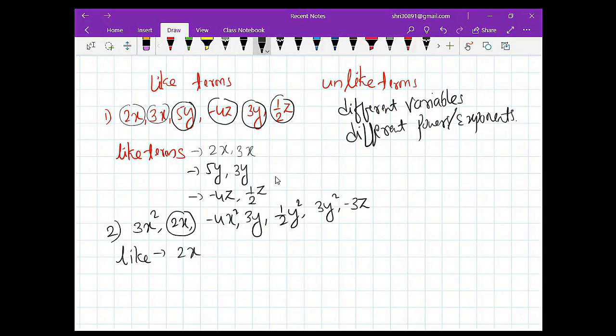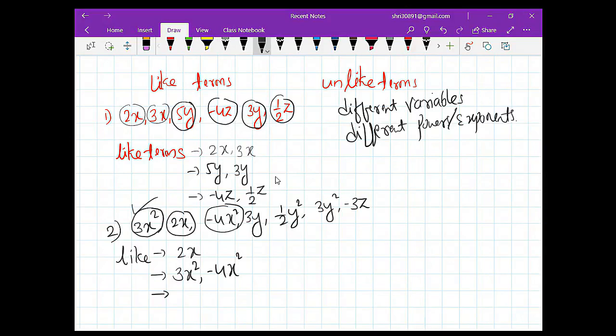There is no other like term. See the other one, the power of x is 2 here: 3x square is there, and there it is minus 4x square. The variable is x and the power is also 2 in both. Only these two terms are like terms, 3x square and minus 4x square.